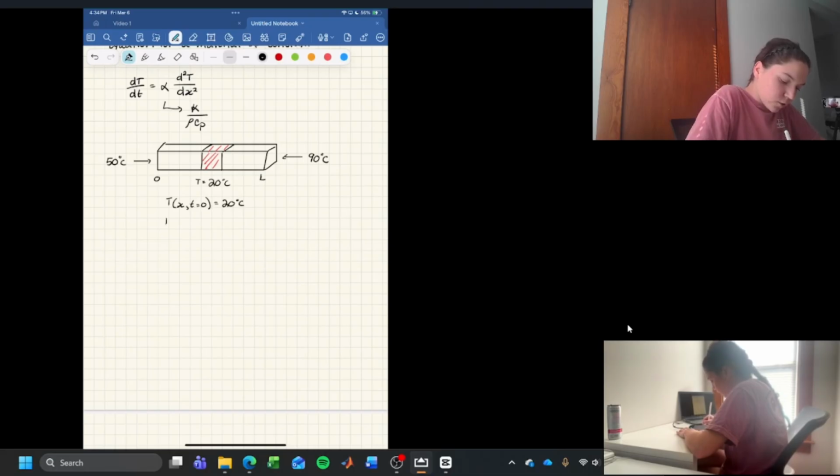And then for the boundary conditions, we have where x is equal to 0 at any time is 50 degrees Celsius, and that's from the left side. And the temperature where x is equal to L at any time is going to be 90 degrees Celsius. So these are the boundary conditions. And then this is the initial condition.